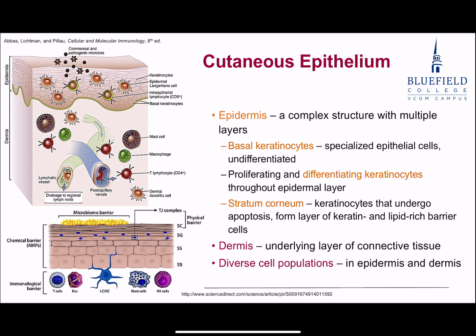There are different layers, from the undifferentiated cells here in your basal keratinocytes, and then as they progress through the differentiation process, they reach that final stage and become stratified, and that's just they become very hardened, they're dead at that point, but that becomes the more impenetrable barrier that is the skin. So you've got different levels of differentiation through this, but that outer layer is then called the stratum corneum, right? Then under that, you have your dermal layer, and then within all of these, you have very diverse cell populations.